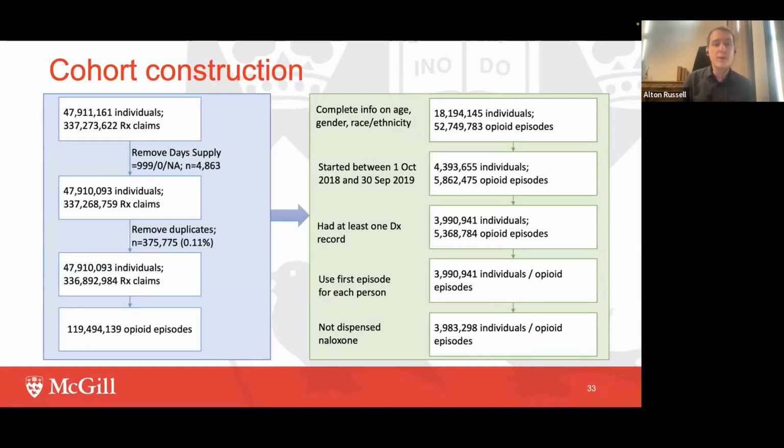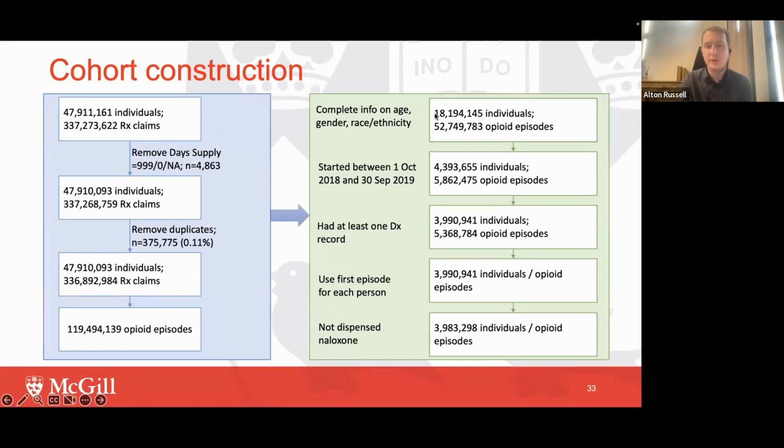When we constructed the cohort, we actually started with about 48 million individuals, because this data set was larger than just the opioid patients in the time period that we were looking at. But we removed some patients due to data issues.